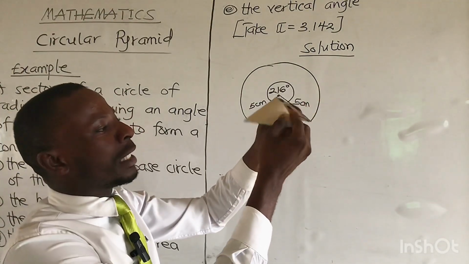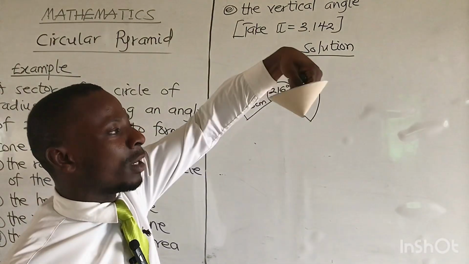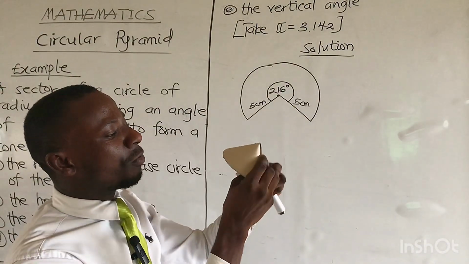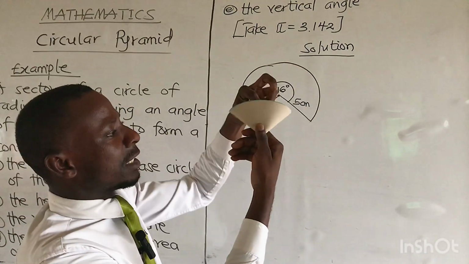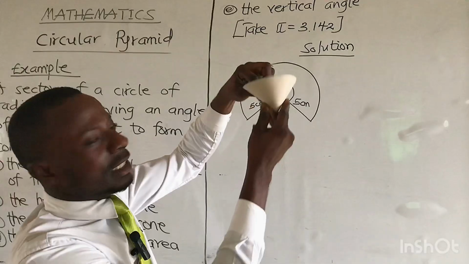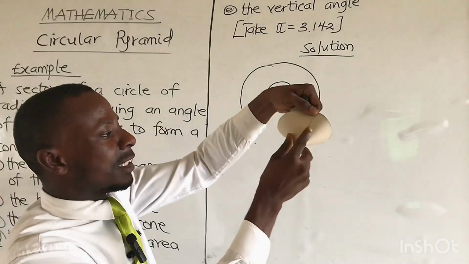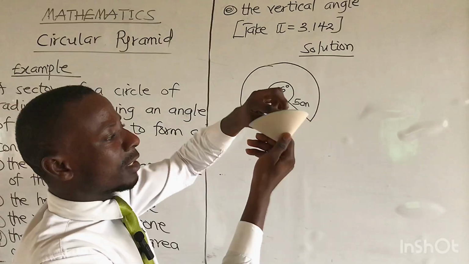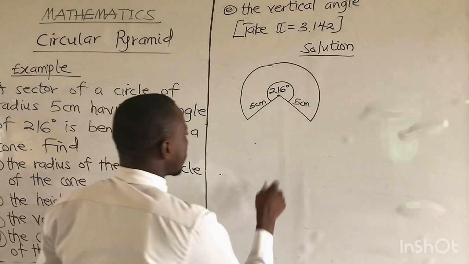So I'm going to bend it like this to form a cone. So this is a cone. We can also put it this way. All right, so that is a cone.